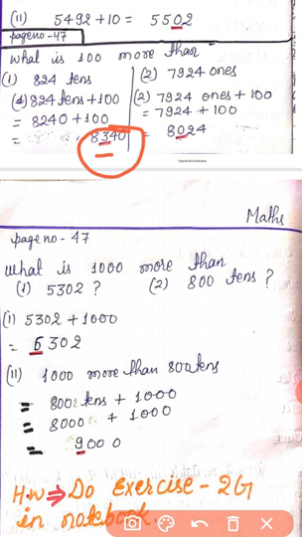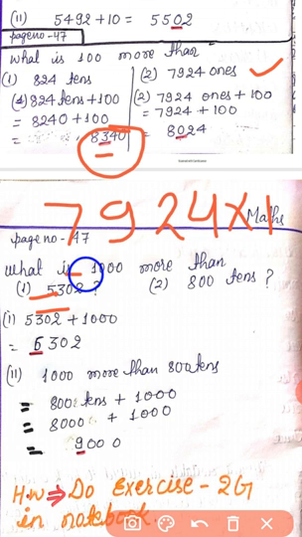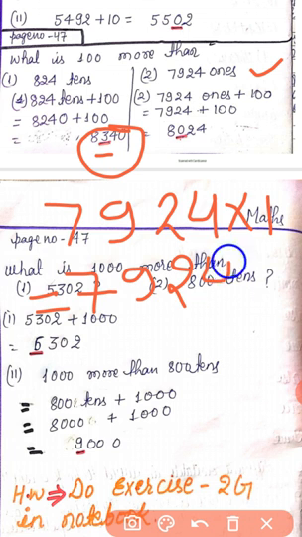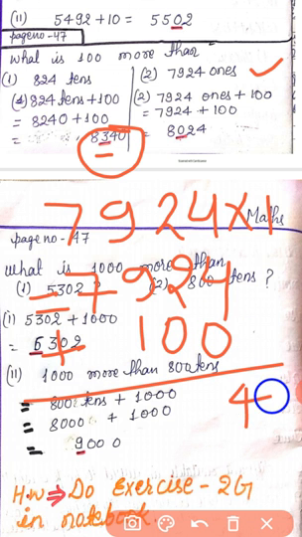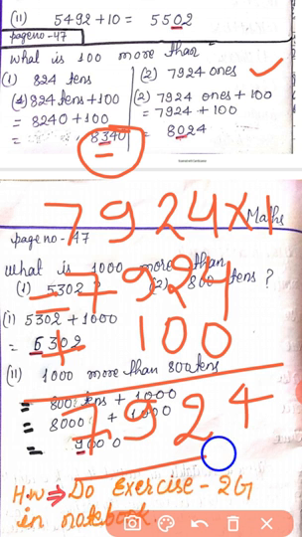Next one, 7924 ones. 7924 ones means multiplied by 1, which is equal to 7924, and plus 100. When we add this, we get the sum 8024.